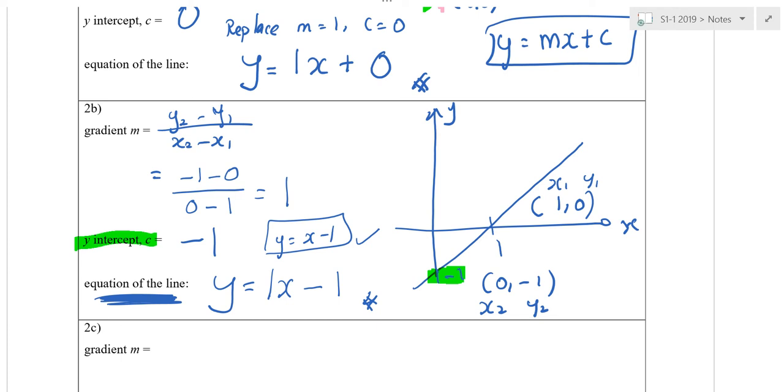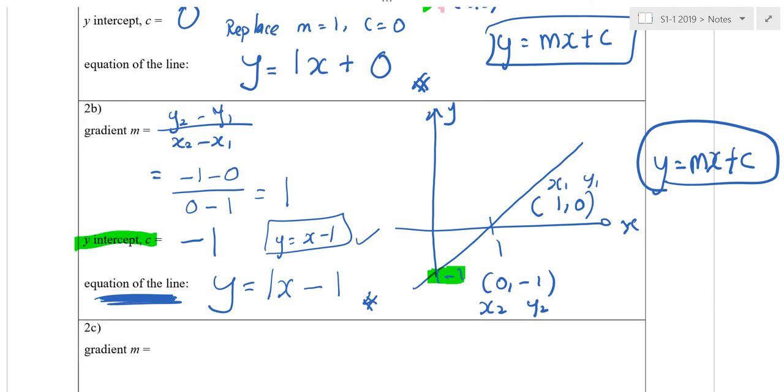Because I remember the gradient is 1. So I replace the m with 1. Siting, the equation is y equals to mx plus c. You replace the m with 1. Replace the c with minus 1.